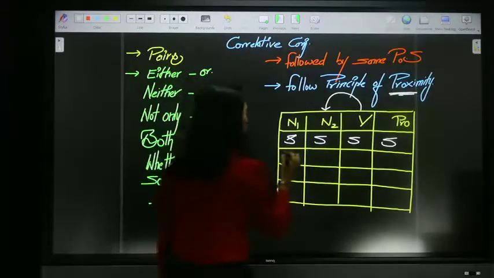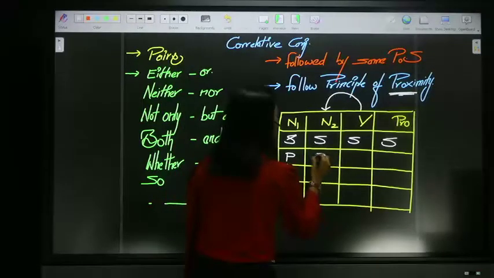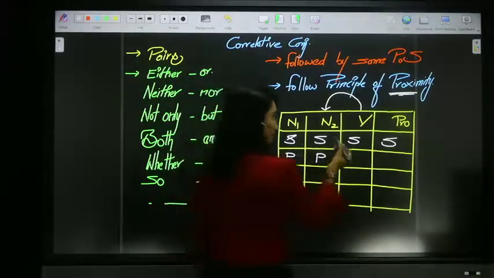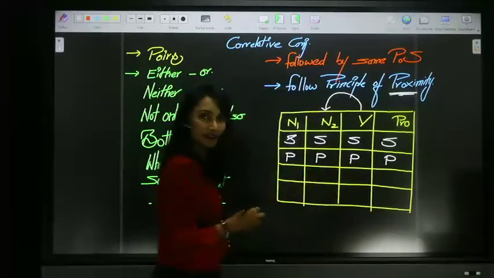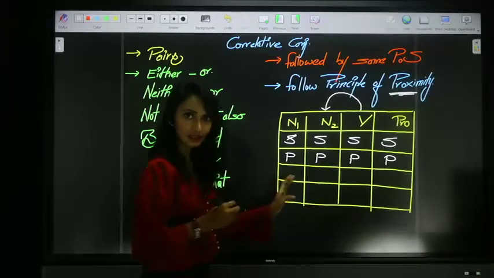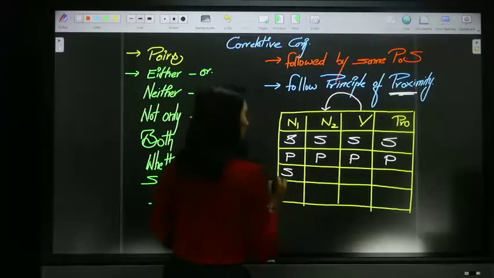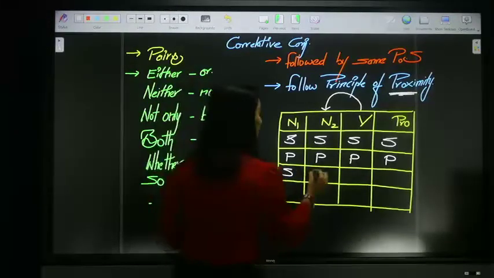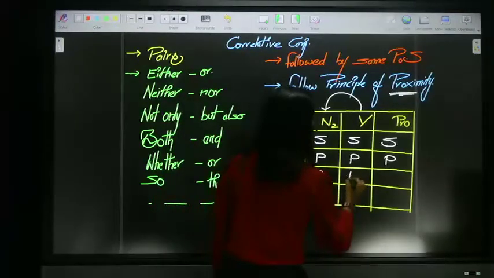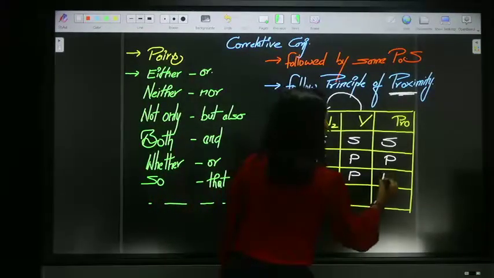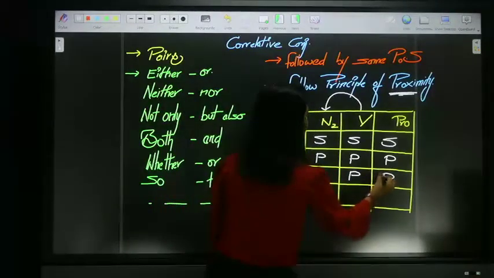All right. Now, if first noun is plural and second noun is also plural, then obviously the verb will be plural and the pronoun will be plural. So is that clear? Now, in this case, first noun is singular and second noun is plural, then verb must be plural and the pronoun will be plural, because when verb is plural, pronoun will be definitely plural.